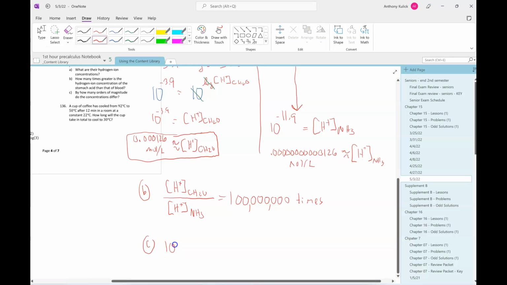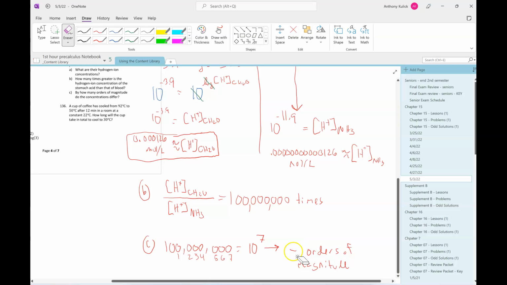So 100 million is 10 with how many zeros after it? 1, 2, 3, 4, 5, 6, 7 is 10 to the 7th. So that's 7 orders of magnitude. No, 8. Sorry.